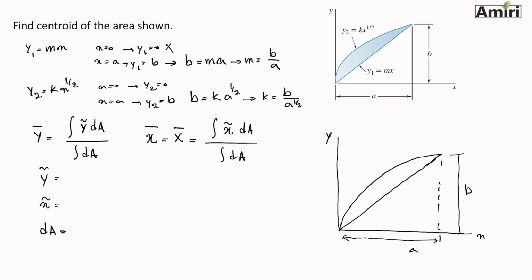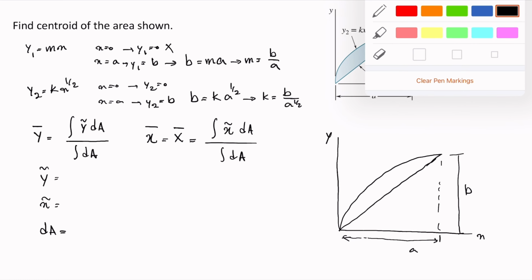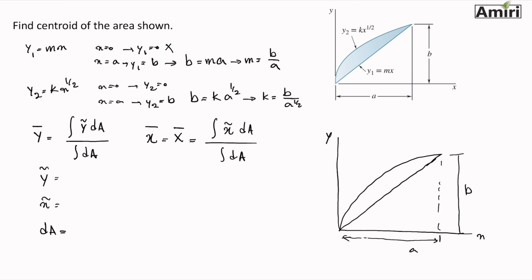So I'll take a small element of area. If I add these really thin elements of area all together, in other words, adding in this case means integration. If I integrate this little element of area starting from 0 all the way to a and add them all together, that should give me my area.